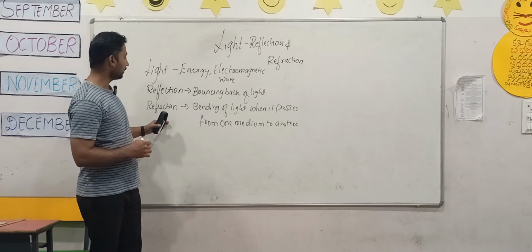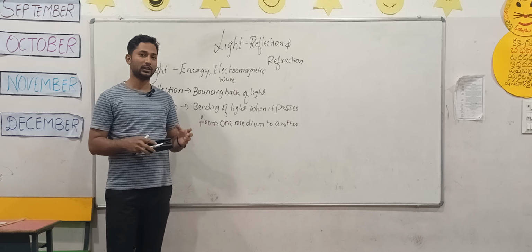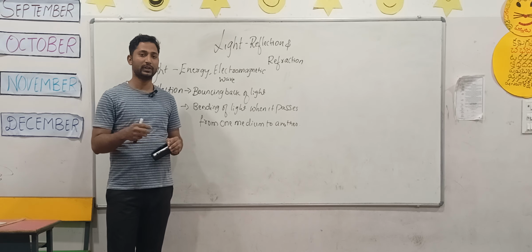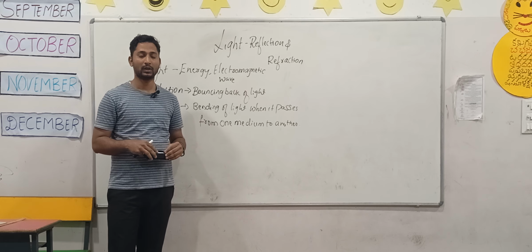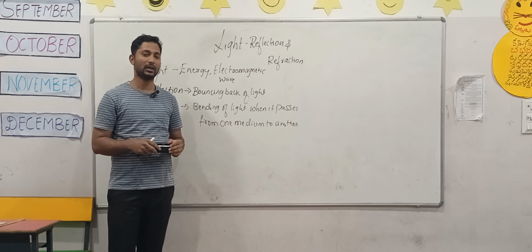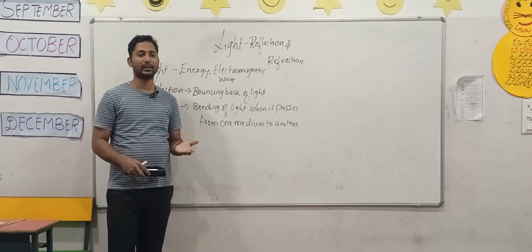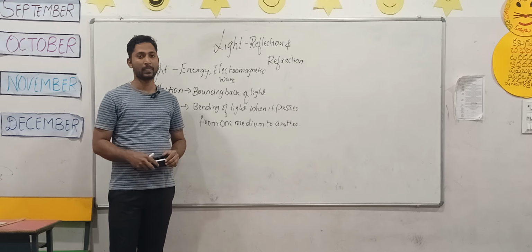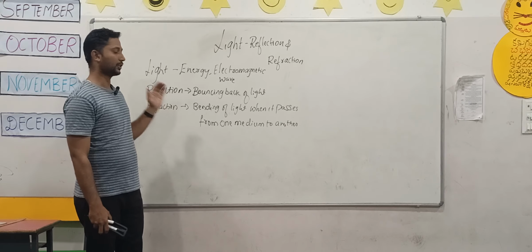And the bending of light: if you immerse a pencil inside a transparent glass filled with water, the pencil looks like it is bent, and a coin dipped inside a glass full of water appears a little bit up. That is all due to what? Reflection and refraction.